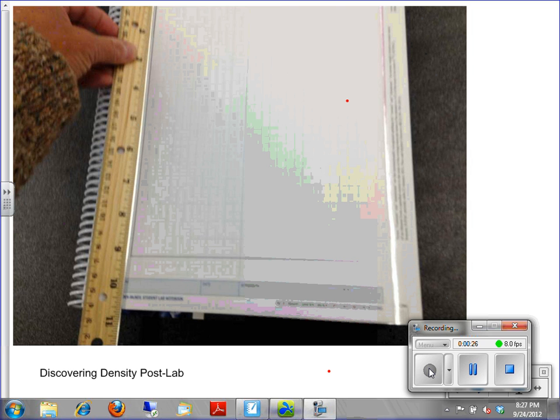In the PostLab, you're being asked to graph the data. I'm going to ask that you graph your data using a full page of your lab notebook as shown here in this picture. You should use a straight edge to indicate the Y and the X axis.